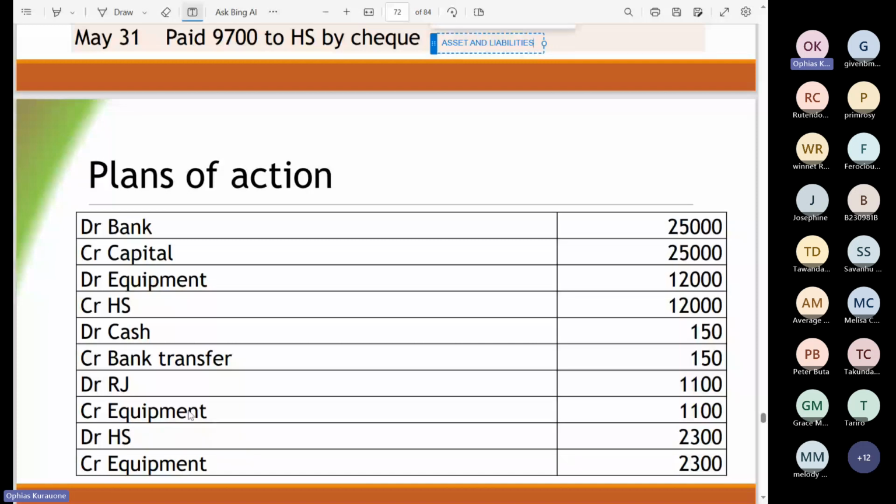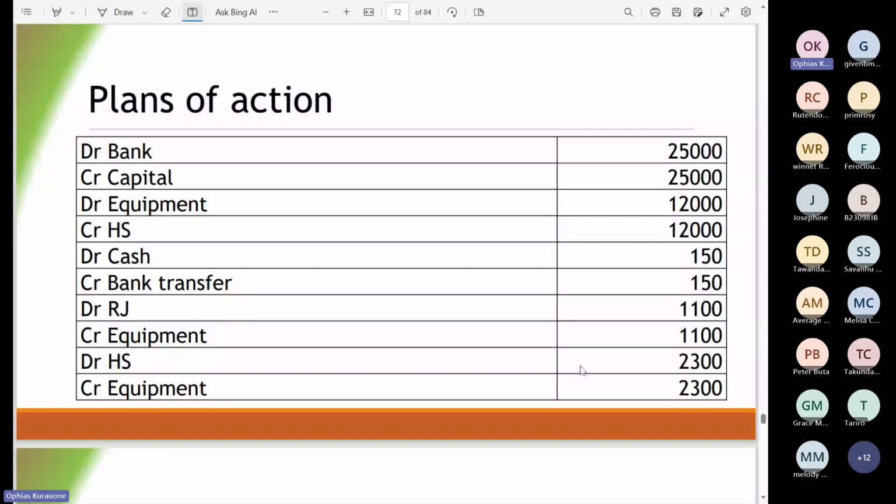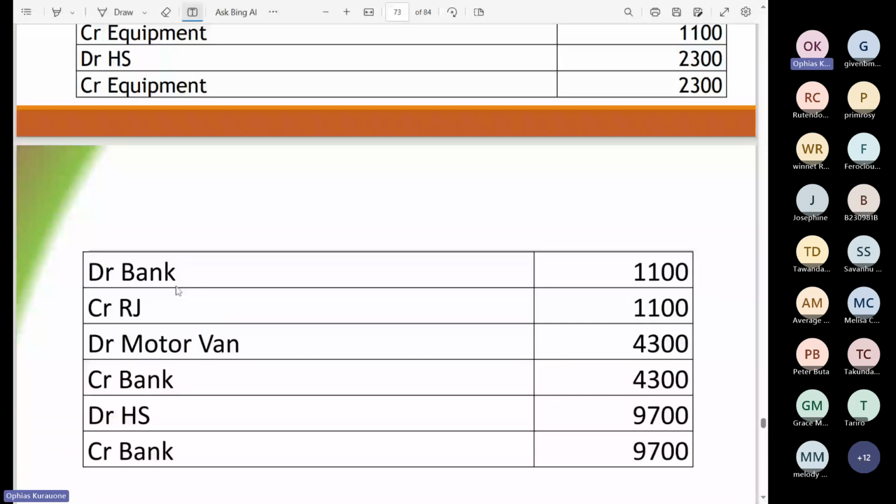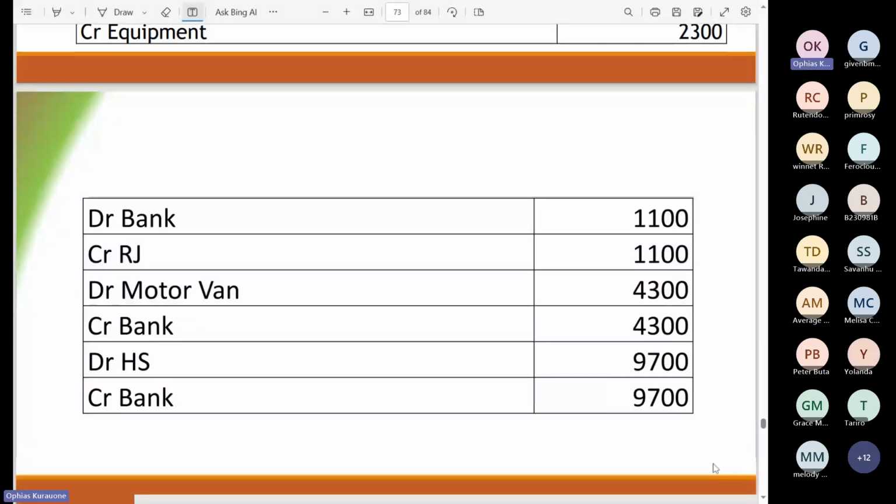Debit HS 2,300, credit equipment 2,300. Debit bank 1,100, credit RJ 1,100. Motor van: debit motor van, credit bank. HS is receiving 9,700, bank is giving 9,700.